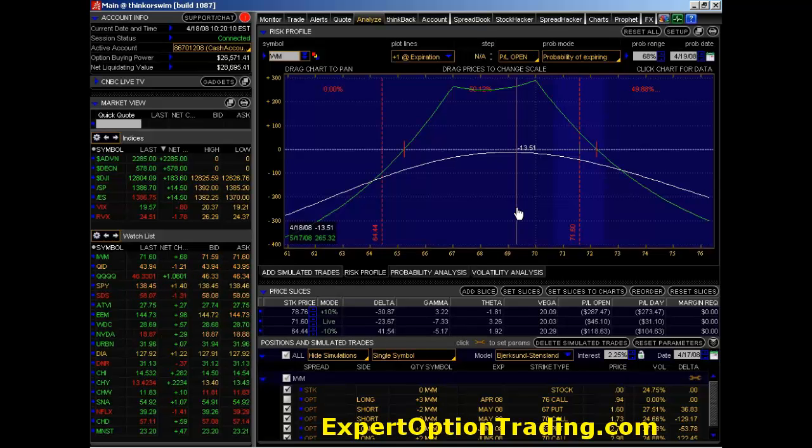So you don't want to put on positions like if you have 14 days before expiration. Well, now you're in a position where the prices are running against you. Where do you adjust at that point? It's going to be much more difficult to adjust, because you're going to have greater theta decay, but you're also going to have greater price risk.